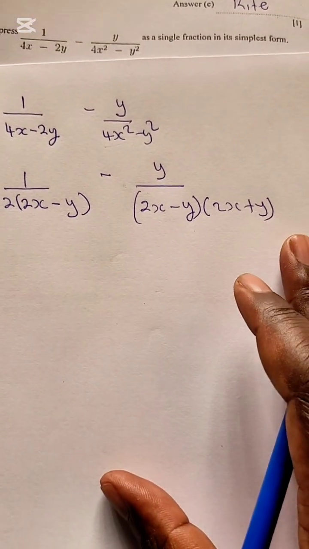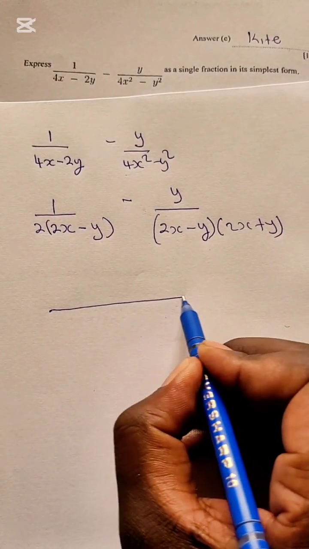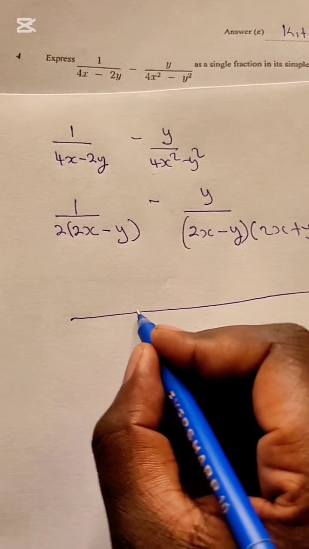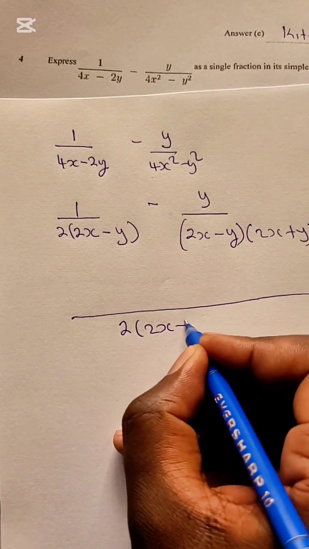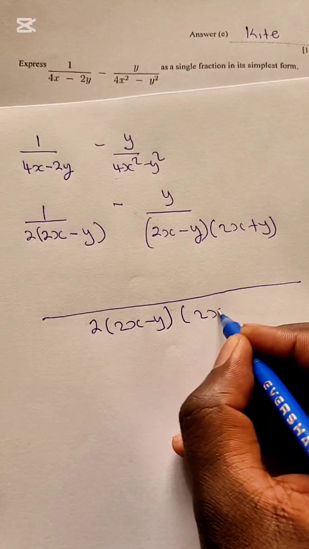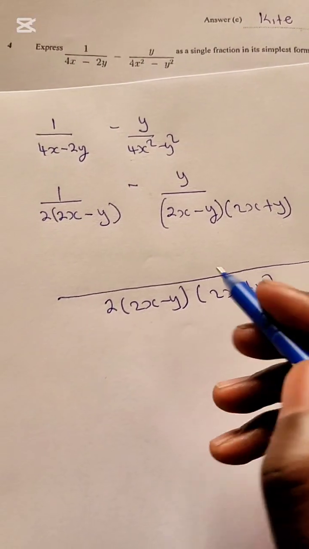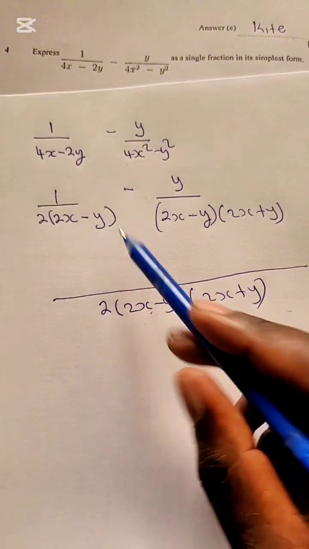Okay, just like this. So now we can find our common denominators, right? So it's 2, then 2x minus y, then lastly 2x plus y. So 2x minus y is also here and here, so it's common.